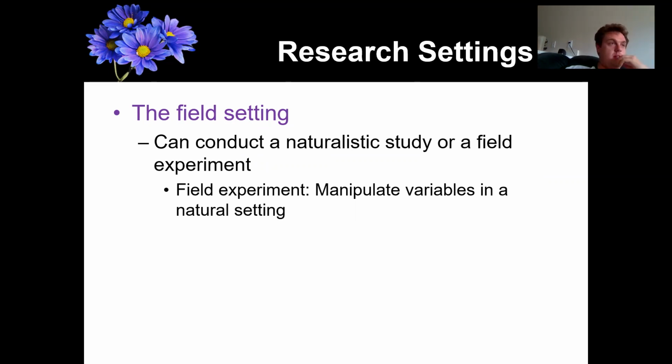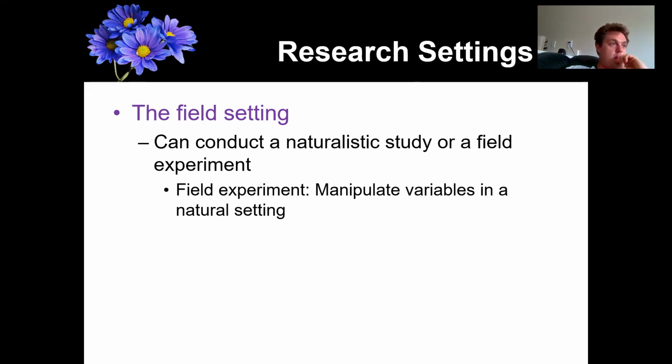This is obviously going to be very high on external validity because you don't have to worry about improving the physical realism or the psychological realism, because you're testing it as it occurs in the real world.